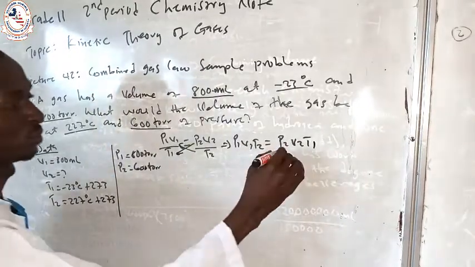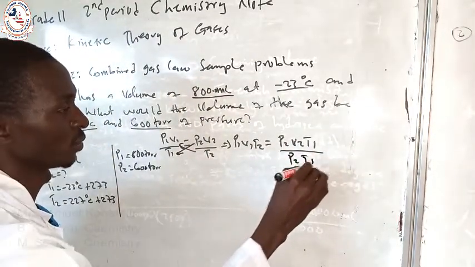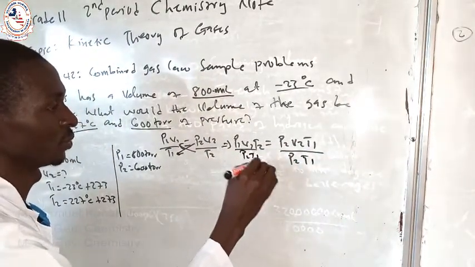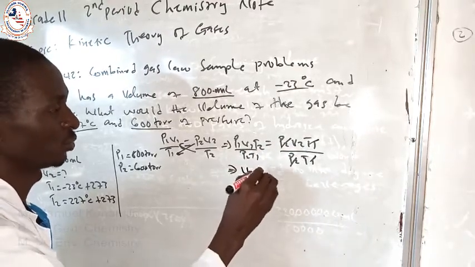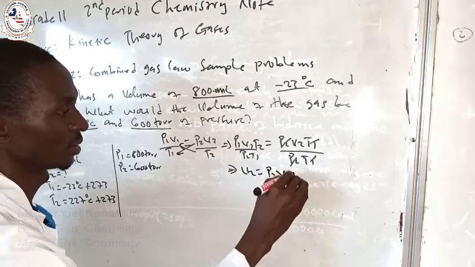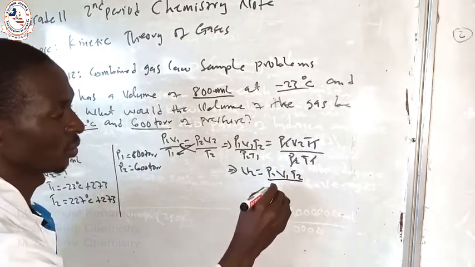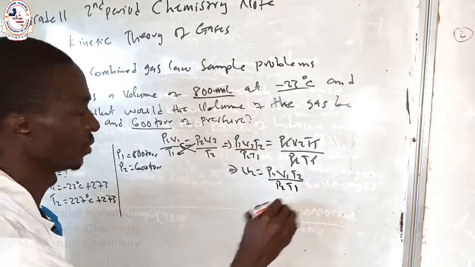We're interested in V2, so we divide both sides by P2 T1. So this and this will cancel, and our formula will be V2 equal to P1 V1 T2 all over P2 T1.